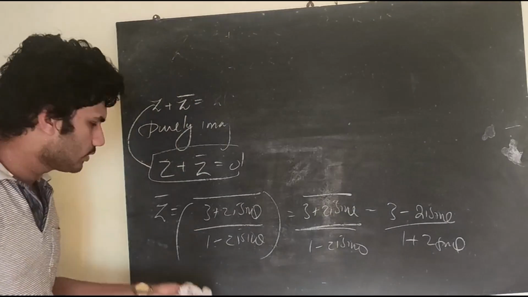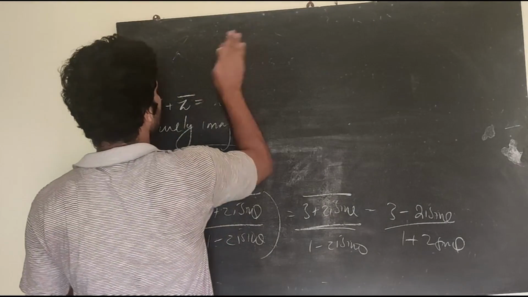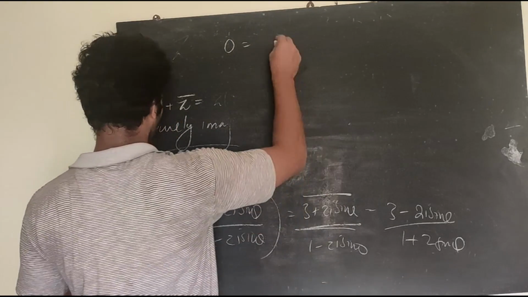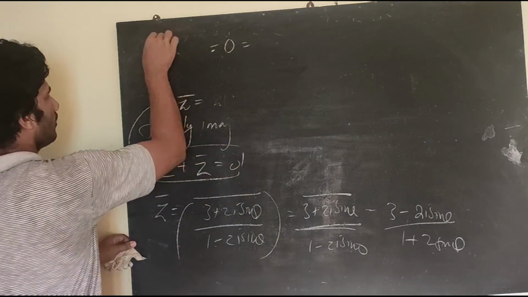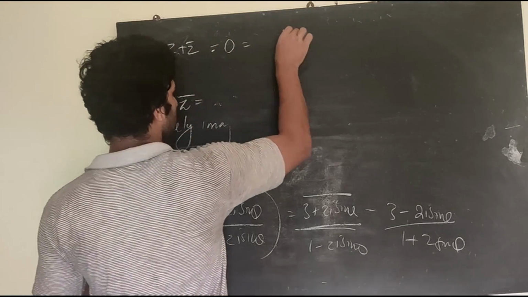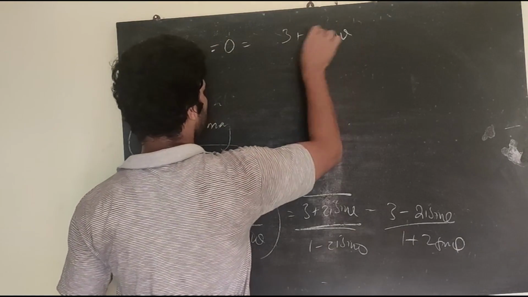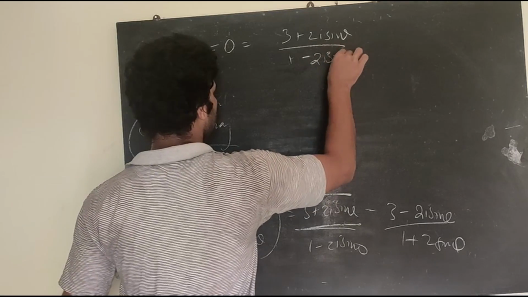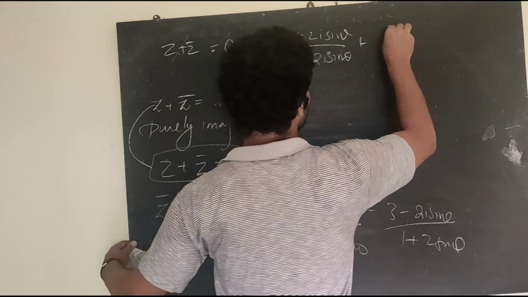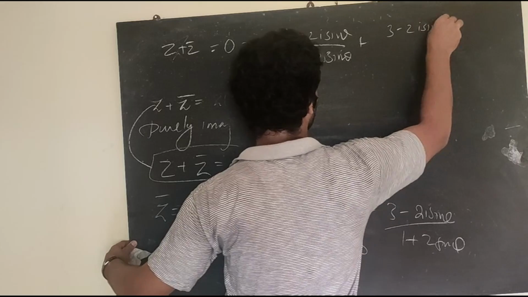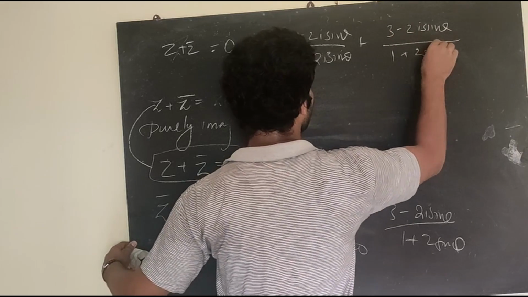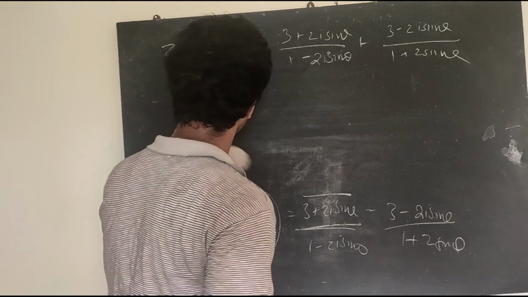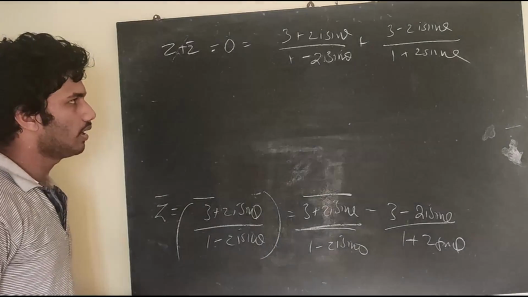Now the thing is, you just need to add. So z plus z bar is equal to 0, that means (3 + 2i sin θ) / (1 − 2i sin θ) plus (3 − 2i sin θ) / (1 + 2i sin θ).